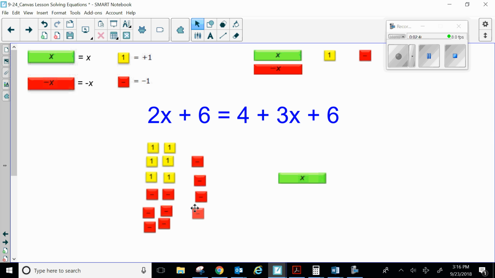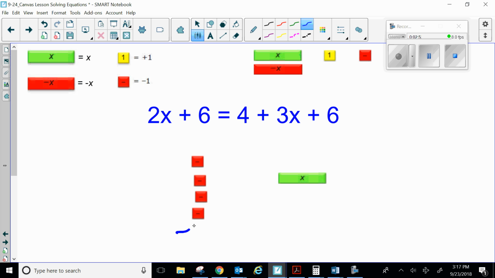So 6 of my negatives are going to cancel out my 6 positives, so I'll delete those. And I'm left with x, or negative 4 equals x, or I can write it as x equals negative 4.